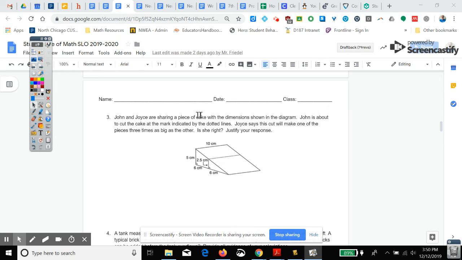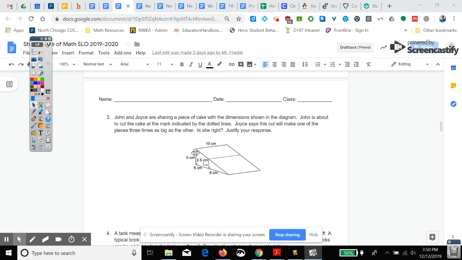John and Joyce are sharing a piece of cake with the dimensions shown in the diagram. John is to cut the cake at the mark indicated by the dotted lines. Joyce says his cut will make one piece 3 times as big as the other. Is she right? Justify your response. So is this piece 3 times as big as this piece? This is a trapezoid.